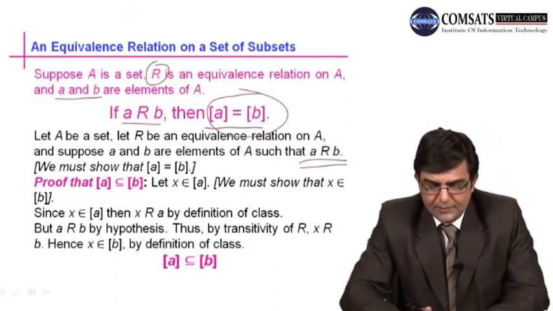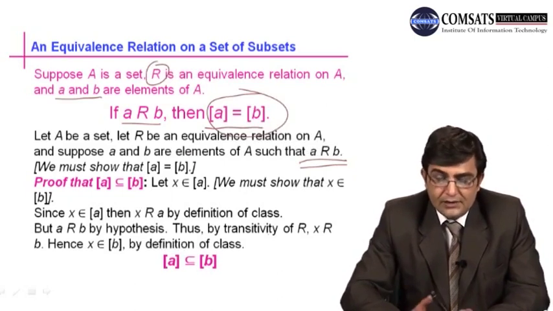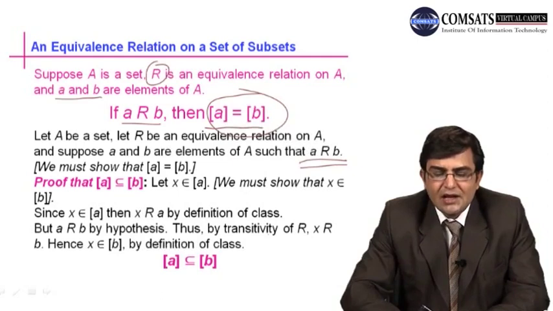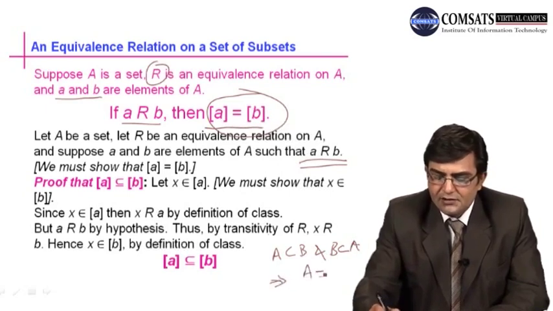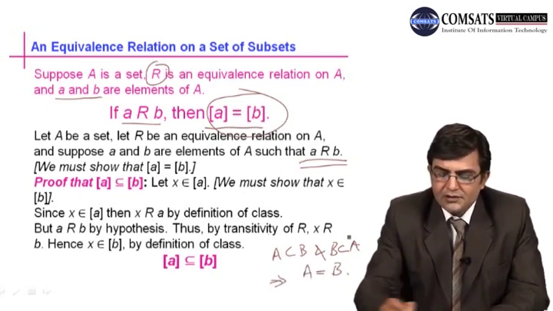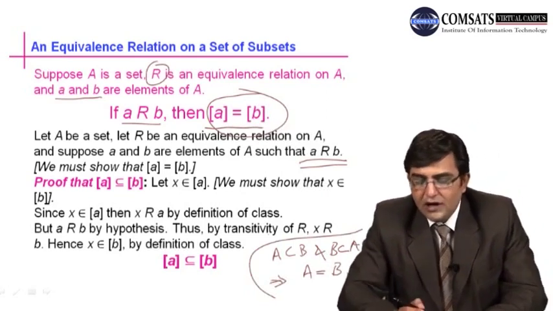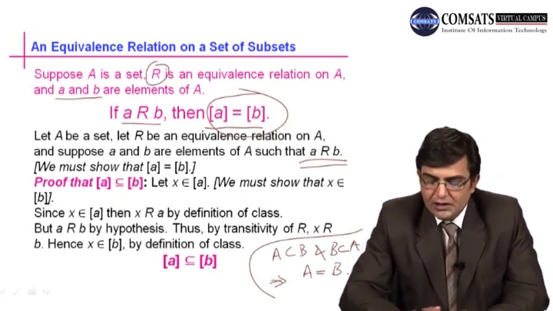Now as you know, equivalence classes are actually sets, so to prove that two sets are equal, how do we proceed? We will show that [a] is a subset of [b] and [b] is a subset of [a]. This implies [a] is equal to [b]. So this is what we have to prove for two sets to be equal.